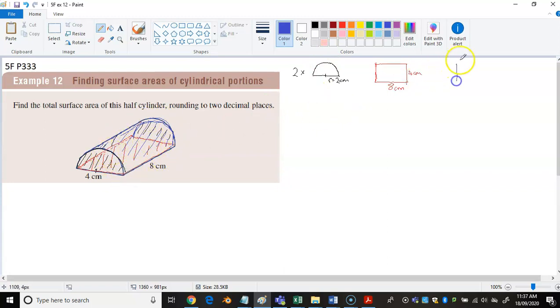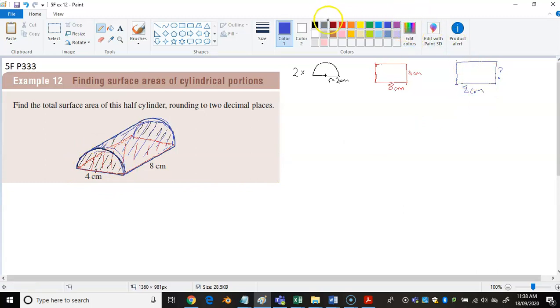So we're going to use a rectangle again here, and we've got this length here, which is your 8 centimeters, but we don't know what this curved length is here. So we'll put a question mark there. We'll get to that later. You can bet, however, it's going to be more than 4 because this is curved over the 4, which means that it's longer than 4.